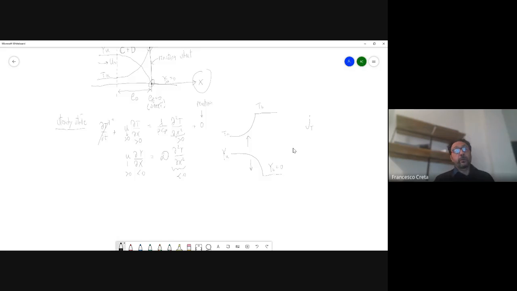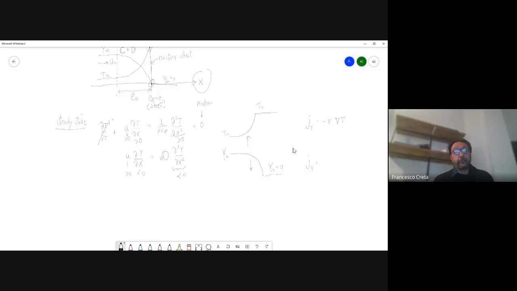Let's use the J to have both the same notation for temperature and species. In the case of the heat flux, we have essentially a minus sign and then conductivity and then a gradient of temperature, right?